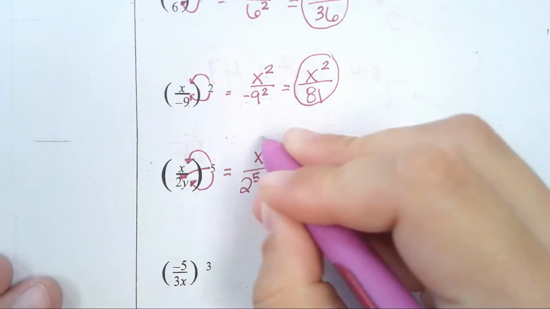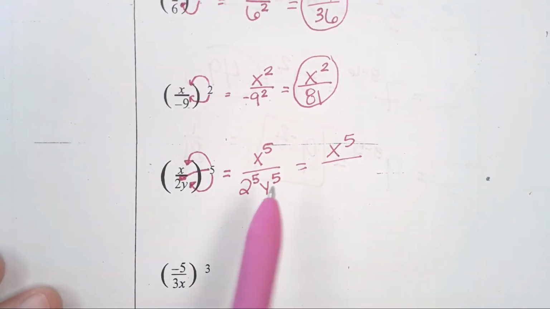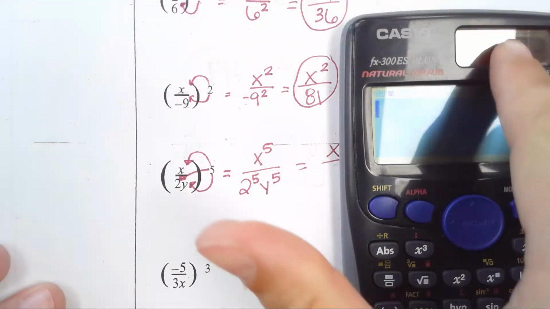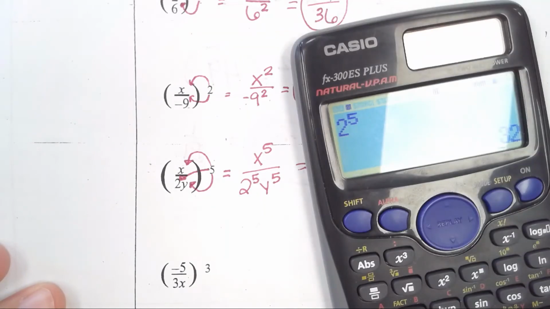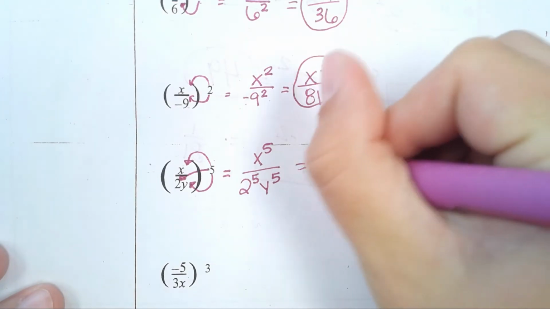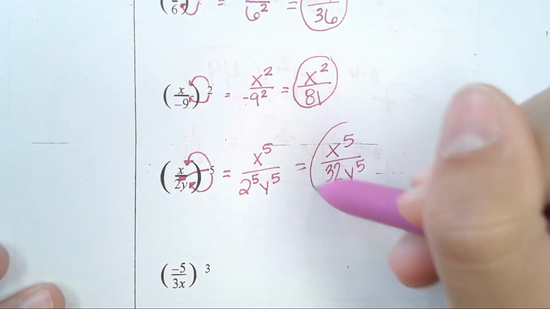We can't do anything with that x to the 5th, so that stays the same. Remember, if you have an exponent of 5 attached to a numerical base, you can simplify that like normal in your calculator. So 2 to the 5th power is 32. And you cannot simplify that y to the 5th, so that would be your answer.